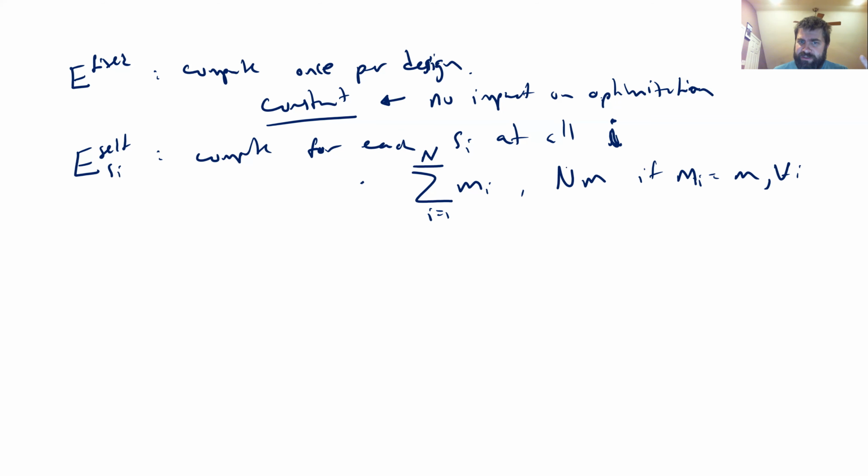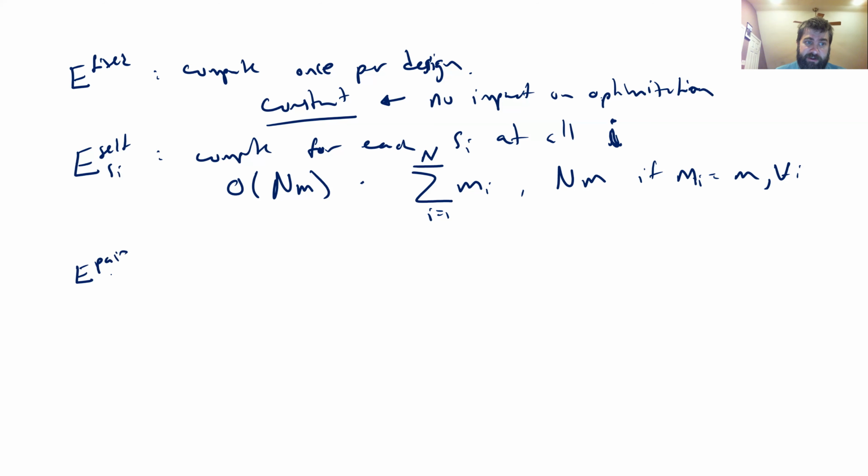So in the shorthand notation, we'll say that the cost of this is order n times m, in the number of positions and size of the library.